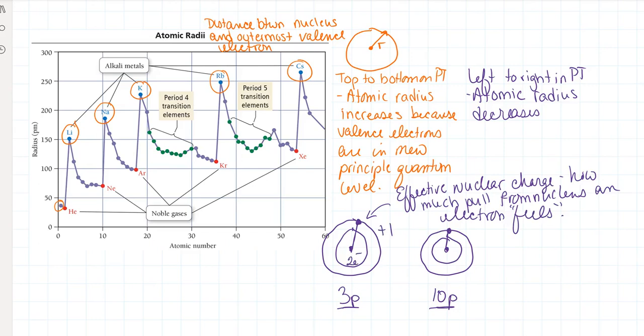Whereas when we take a look at our 8 valence electrons here, each valence electron in the second energy level has an effective nuclear charge of +8, because 2 of those protons are canceled out by those 2 electrons, but all the other ones are fairly equal in the other energy levels. So we'll see that as we move left to right, the atomic radius decreases because the effective nuclear charge increases.